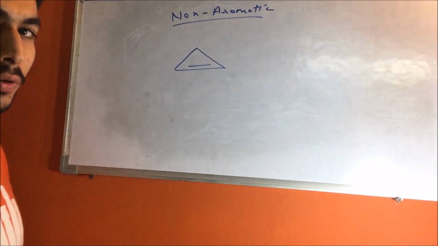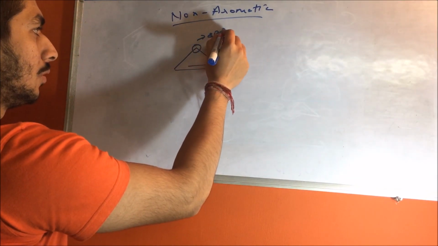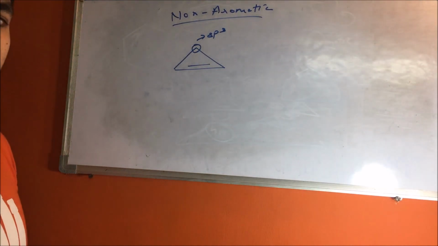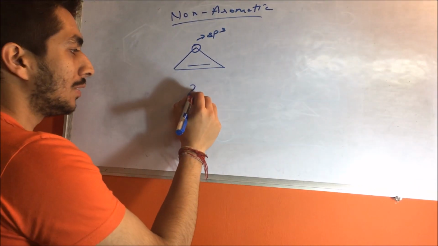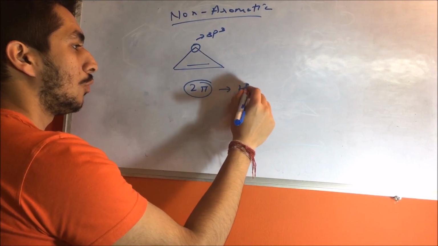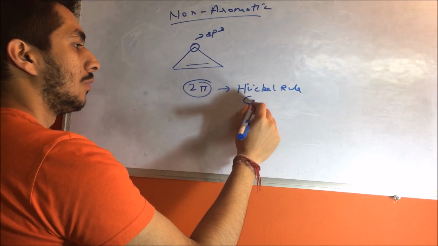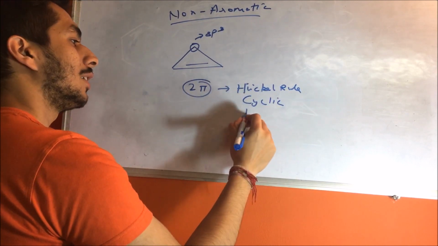If you take this compound over here, you see this carbon is sp3 hybridized, so conjugation is lost. But it has a 2 pi system, which means it follows the Huckel rule.